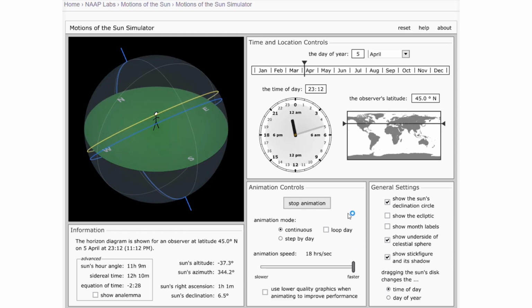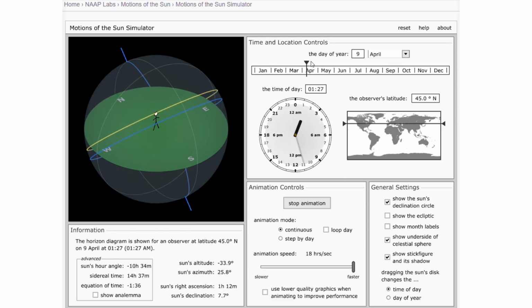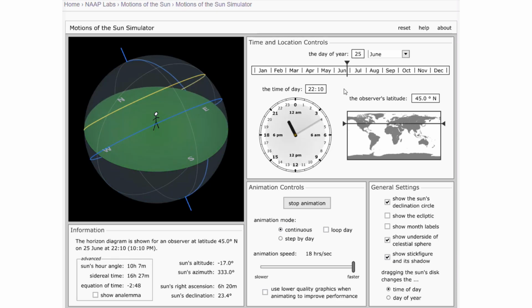Speed up again, let's make it super fast. Move to June, close to the summer solstice. Now the declination is at its highest point. Now it's going back to the south, the yellow line.